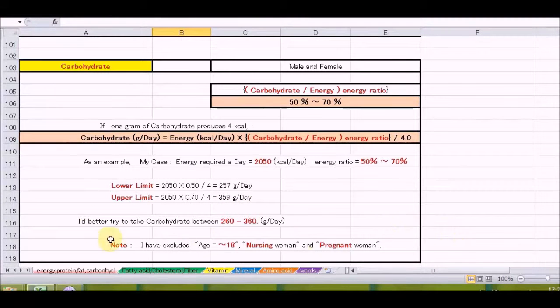And so I'd better try to take carbohydrate 260 to 360 gram per day. Again, I have excluded age under 18, nursing women and pregnant women.